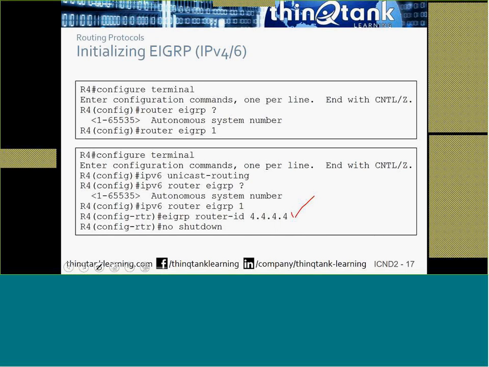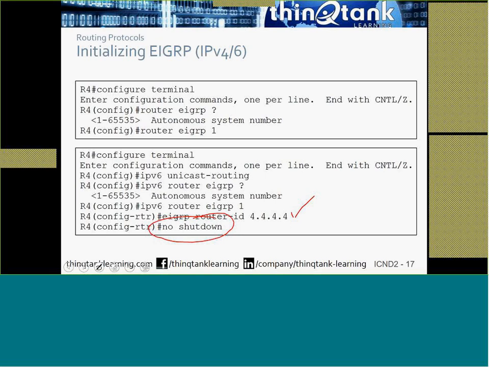Now, I'm not going to talk about what a router ID is in this lesson because in EIGRP, quite frankly, the router ID doesn't play much of a role. But in OSPF, the router ID is very important. It plays a huge role. So we will talk about the router ID in OSPF in much more detail. You have to do a no shutdown.